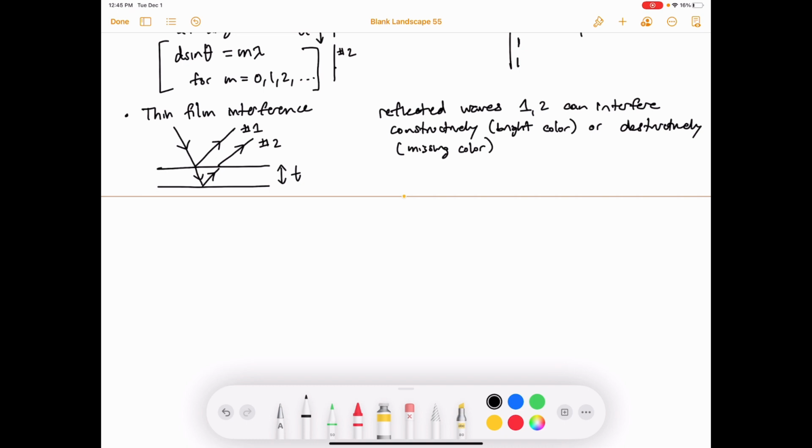And either one of these things can happen, again, depending on the phase difference. I'm not going to go through the details of this. I'll just make a note that you should know how to calculate or work out the formula for delta phi, the phase difference between those two waves in this case. Again, that's back in the chapter 34 notes. There are a lot of details as to how to do this. I'm not going to cover those here. It's just something you should know how to do.